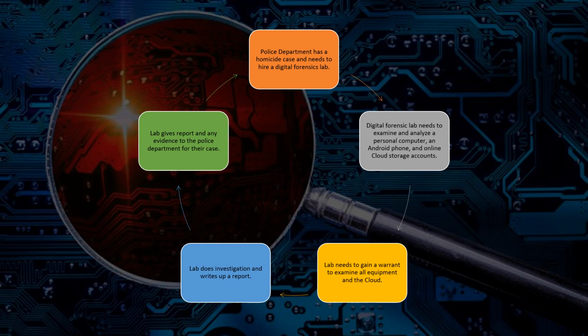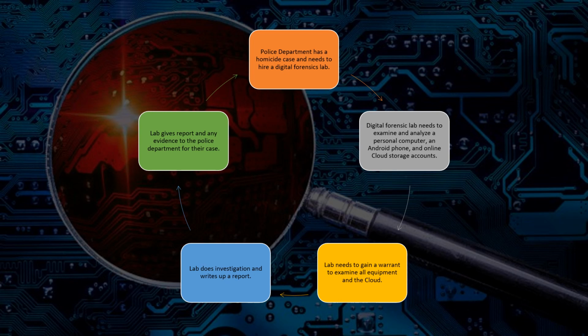So here is an example of how this will all work out, starting with the police department. The police department has a homicide case, and they need to hire us to help them, because we are a digital forensics lab, go through the equipment they need analyzed. So our lab needs to examine and analyze a personal computer, an Android phone, and online cloud storage accounts.